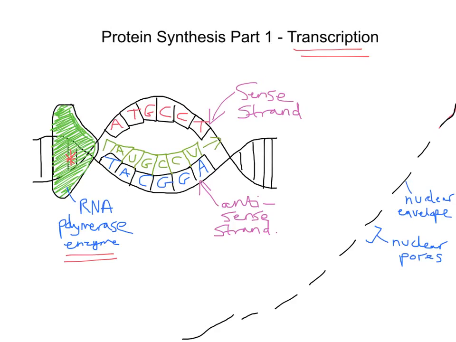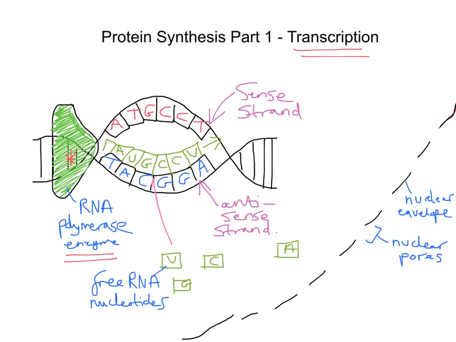So I'll just draw a few here. Let's draw a C, a G, an A over here. What these are is just free RNA nucleotides, and they just move and come and line up with their complementary bases.